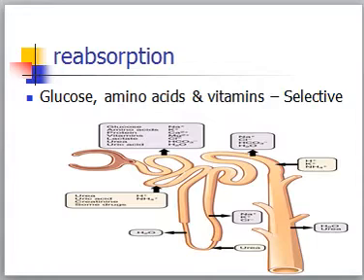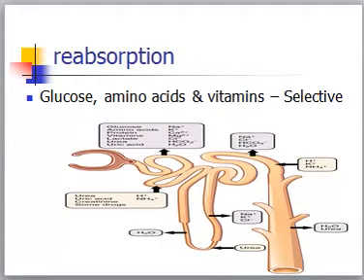Now next we have to move to what is needed in reabsorption. Whenever the body needs some types of substances, only some amount of substances will be reabsorbed in the tubular part. For example, tubular reabsorption is known as selective reabsorption.